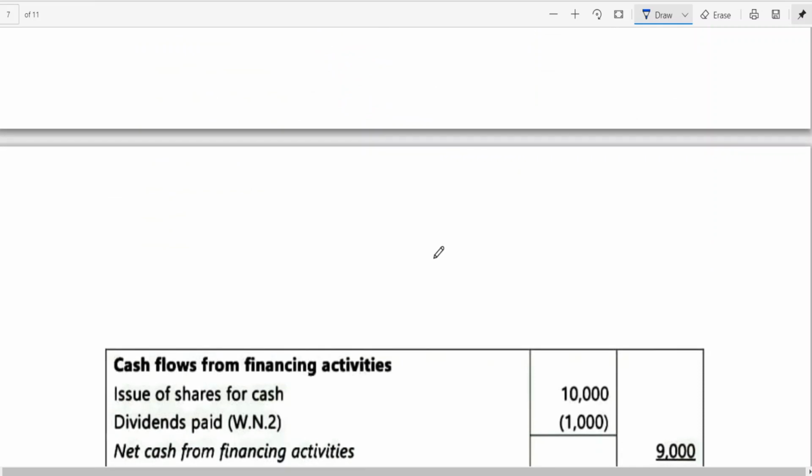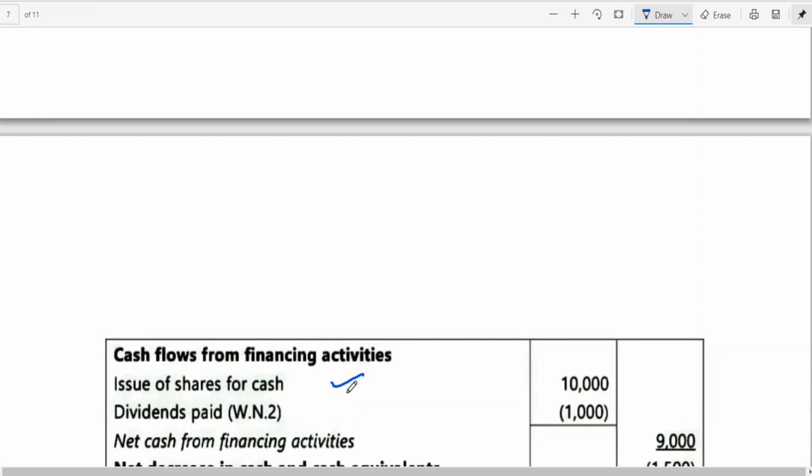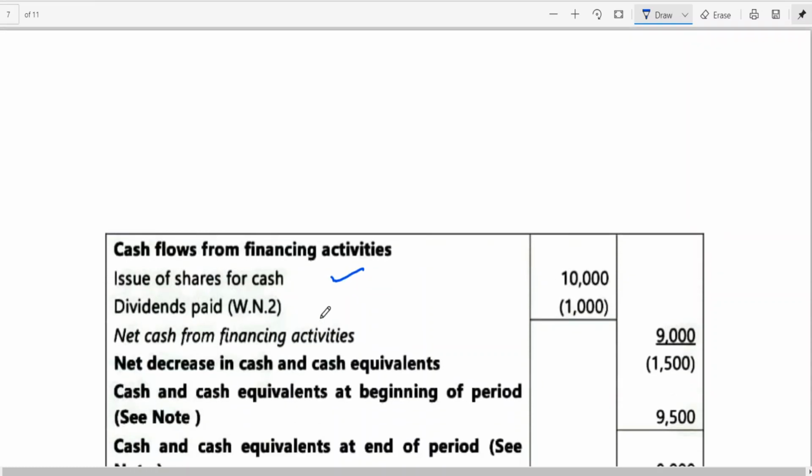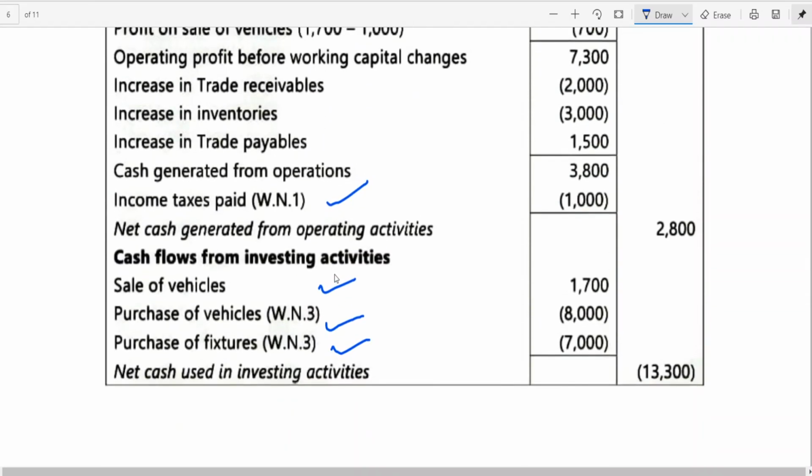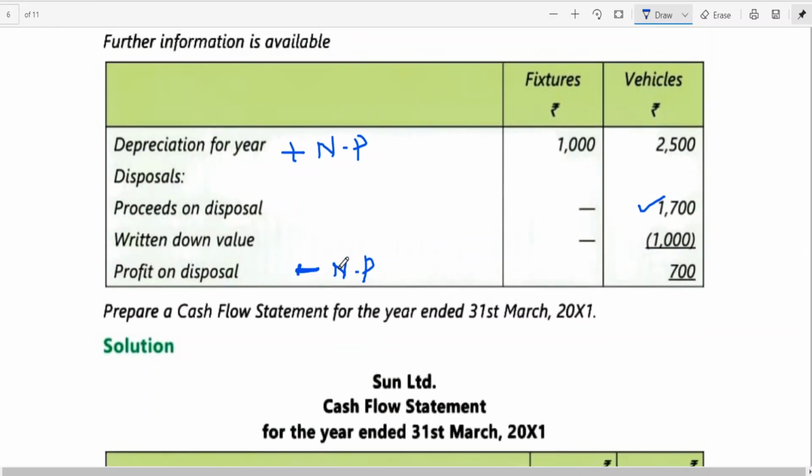Now coming back to issue of shares for cash, this also I've already explained to you. Now dividends paid, working notes. See, in simple words, it is again the same as outstanding expenses. The dividend that has been declared in the current year is given here.